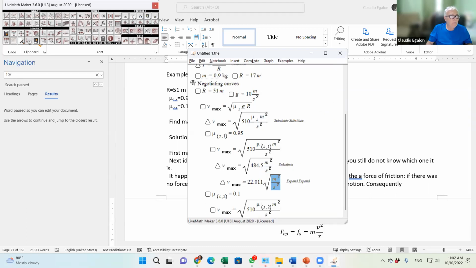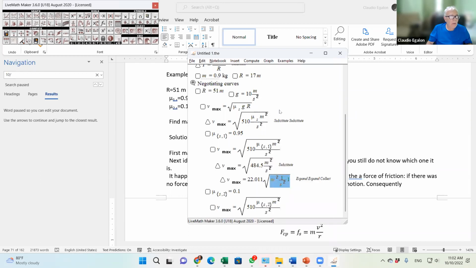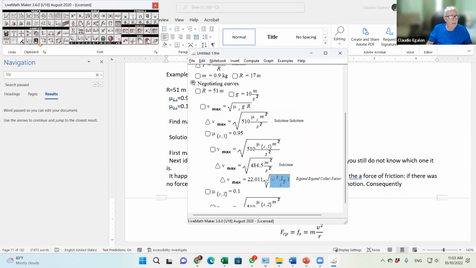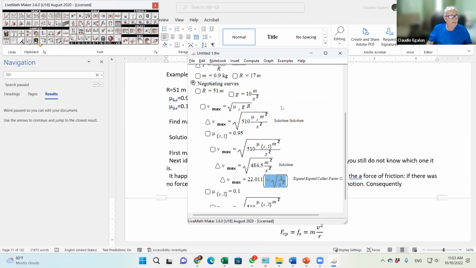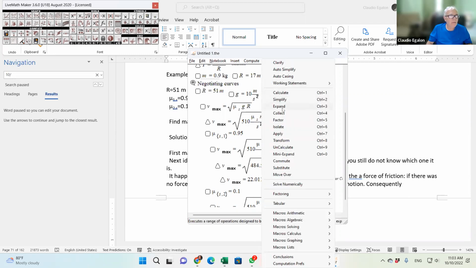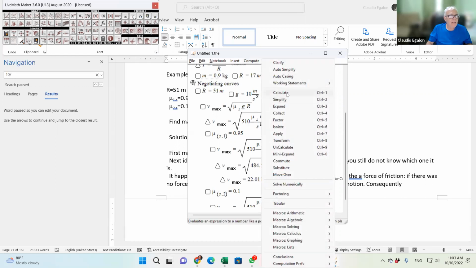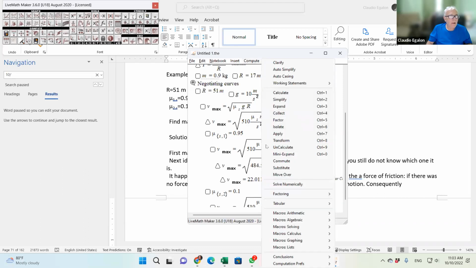Simplify, expand, collect. You know, that's meters per second, right? Sometimes the software doesn't do it. It did it for meter, but not for meters per second squared. The software didn't used to do that, by the way.